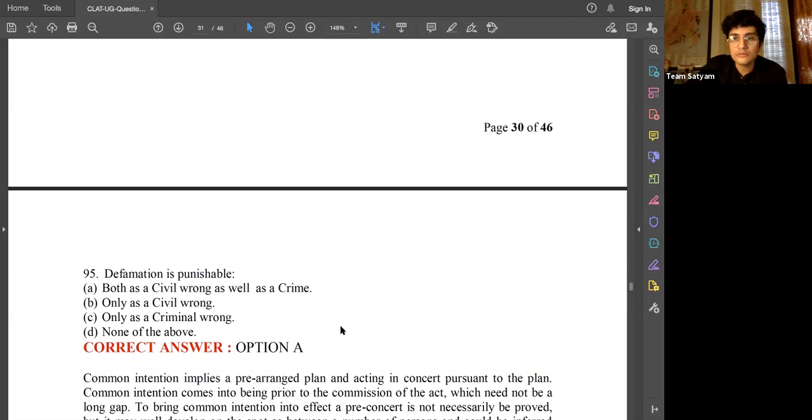So that's why the correct answer to this is A, and this required you to have the knowledge about the offense of defamation. People who have been attending coaching classes, people who have been brushing up on legal knowledge would have found this question easy to answer, but some might have found it confusing because they might not have known the exact nature of the offense of defamation.